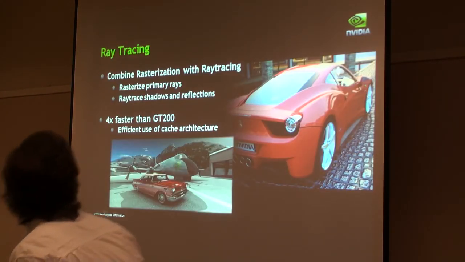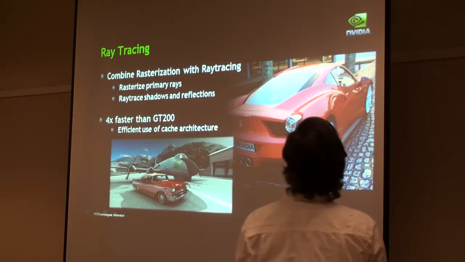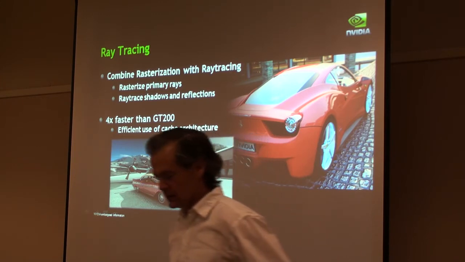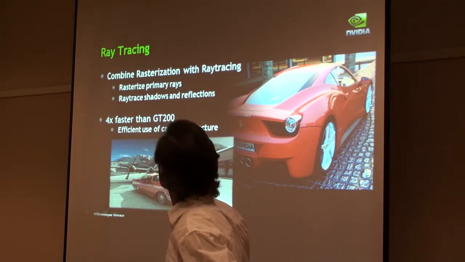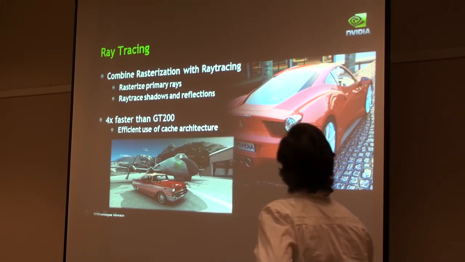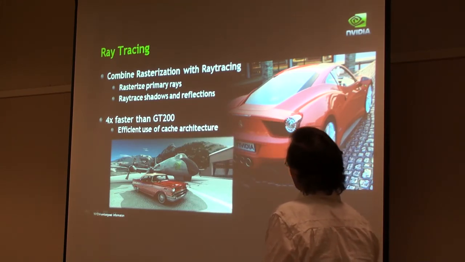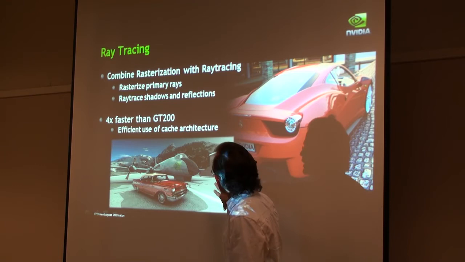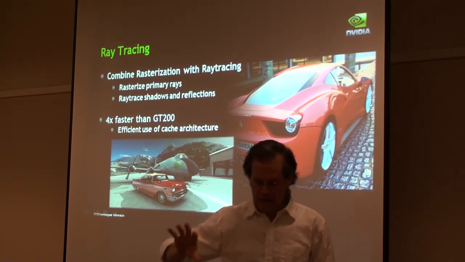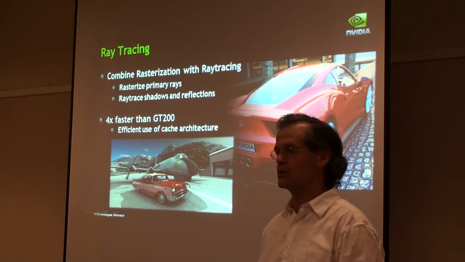Okay, so we've invested fairly heavily in developing ray tracing technology and also improving the performance of our architecture for doing ray tracing. What we see here at the bottom is a scene that's conventionally rendered, in the sense that it's rendered with a rasterizer.